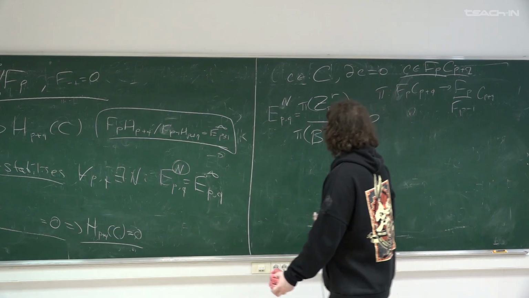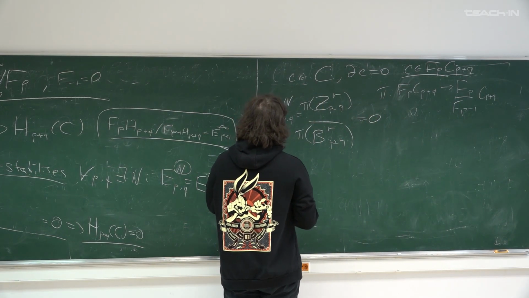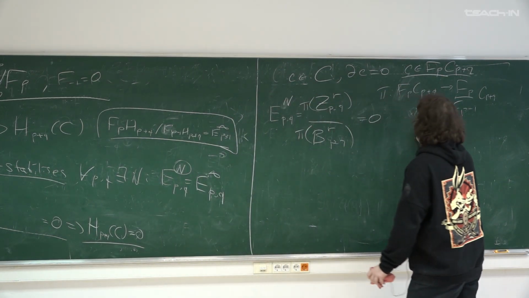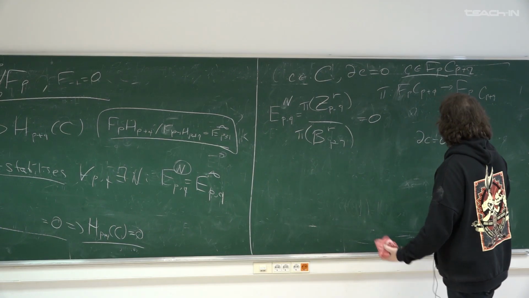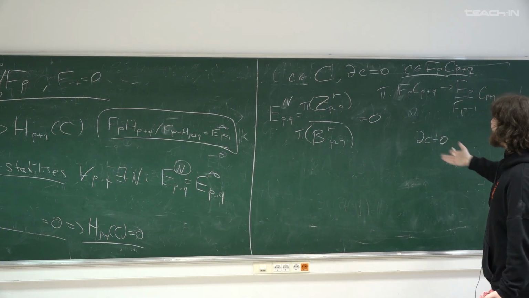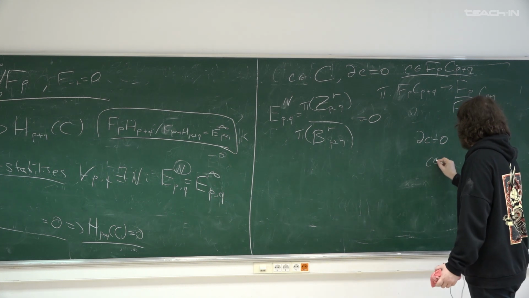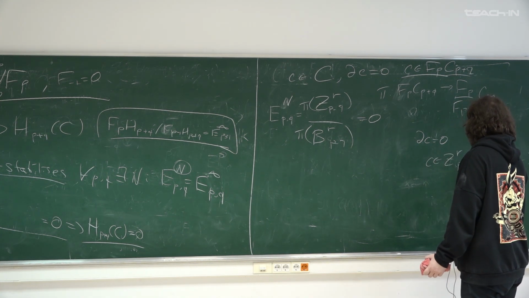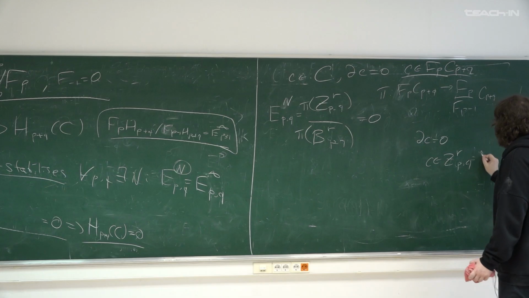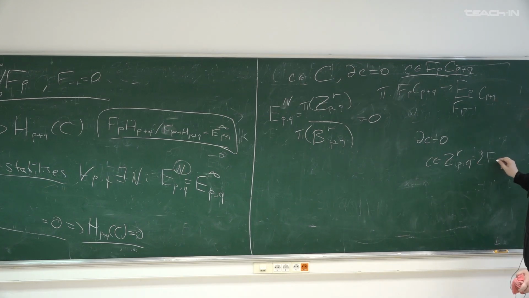What does it mean? My C, because DC is 0, of course it's a real cycle, so of course it's an R-cycle. So C lies in Z^R_PQ, because Z^R_PQ is by definition the elements from F_p C_{p+q} such that the differential of them lies in F_{p-R}.